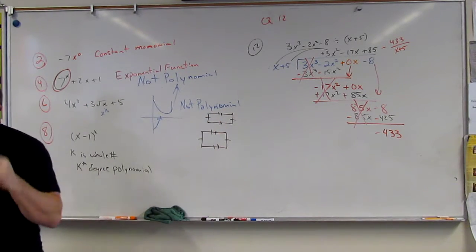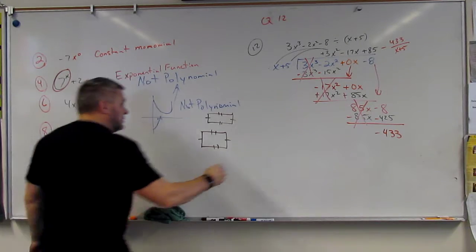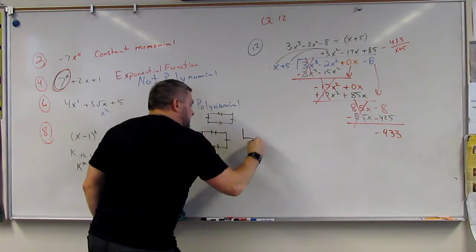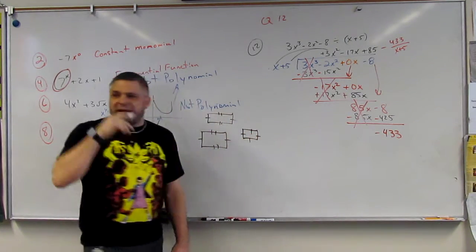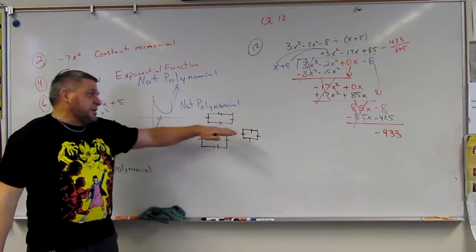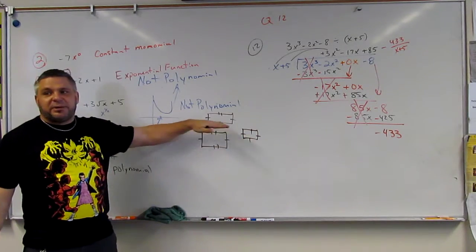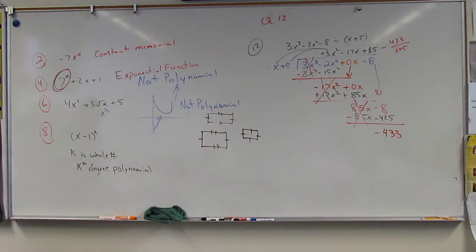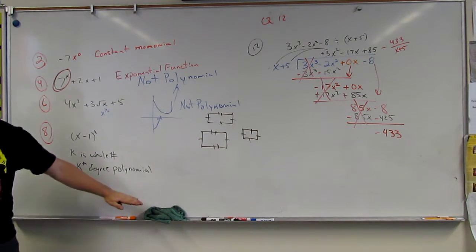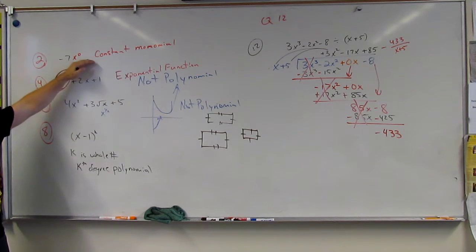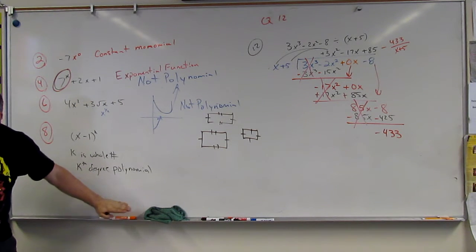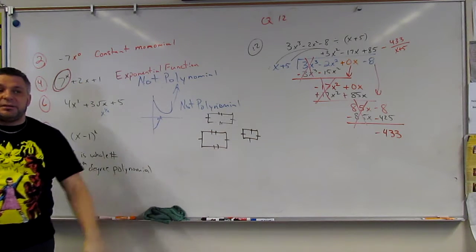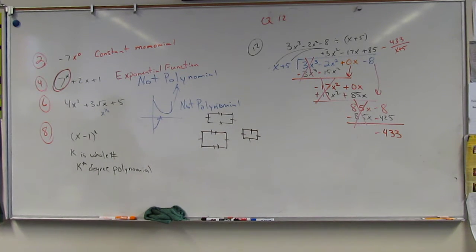That's a rectangle. A square says that they are all the same. So a square is a rectangle, but a rectangle isn't necessarily a square. And that's the same aspect that's going on here. A monomial is a polynomial, but a polynomial isn't necessarily a monomial. Okay? Good questions.